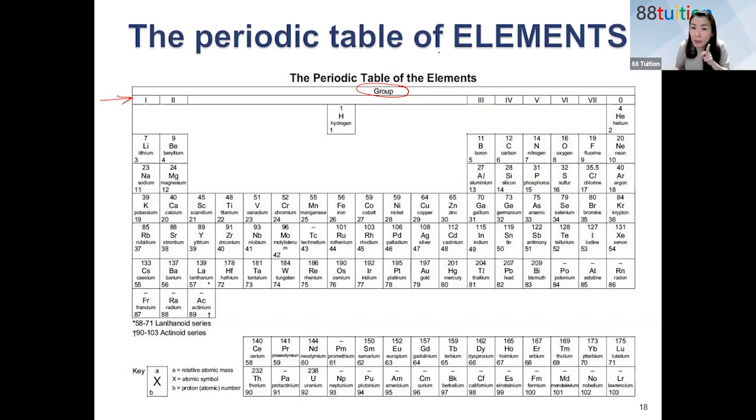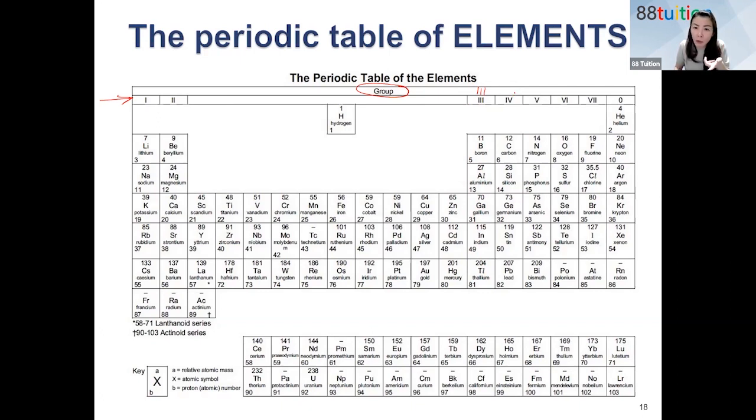When you see the number 13, write down, you can write it at the bottom or above it, III. These are actually the group 3 elements. Then the next one, you see 14, right? Can you write down IV?